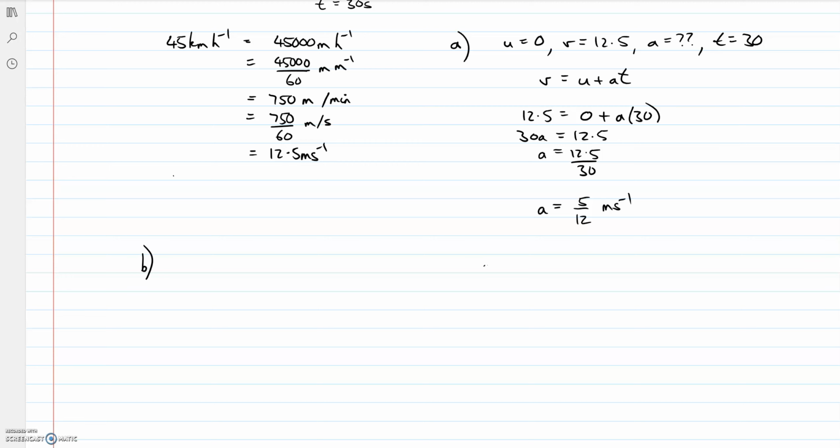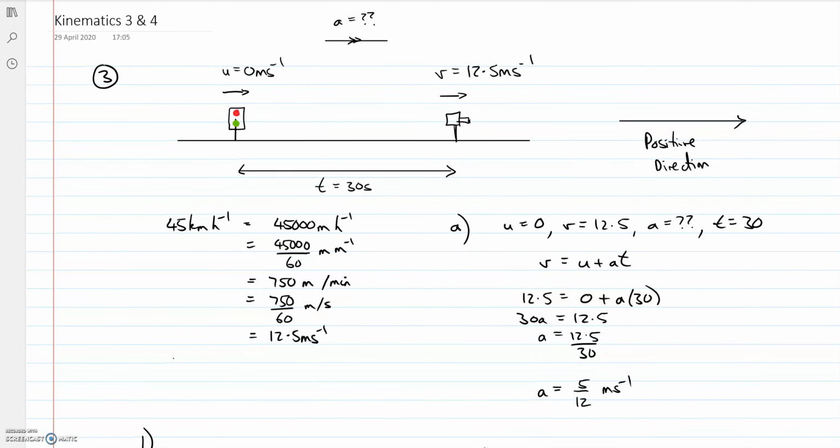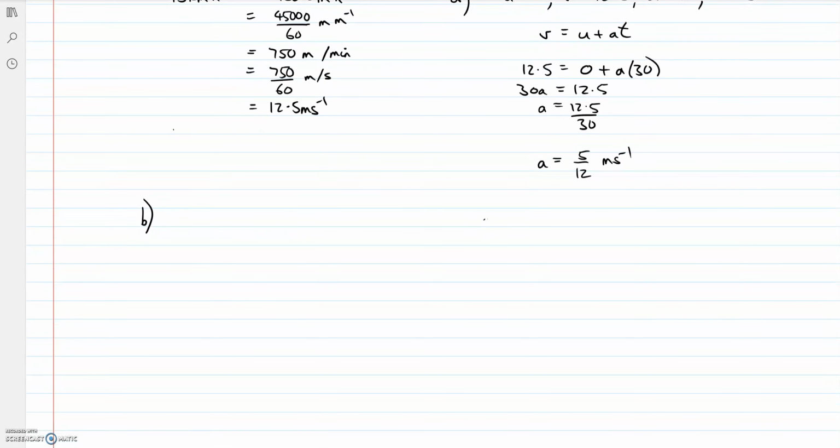And part B says the distance between the traffic lights and the speed trap. So we're trying to find this distance here. So it's the displacement from the initial position at the traffic lights to the position at the speed trap. Okay, so we can call this S, and we can solve from there. So again, we've got u, 0, we've got v, 12.5, we've got t, which is 30. You could use a if you wanted to, and we're looking for s.